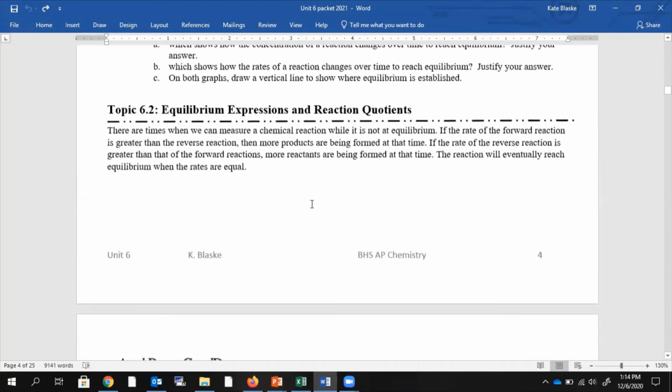A second way that we can represent equilibrium and determine whether something is at equilibrium or not is something called an equilibrium expression. Now I know that we've had kinetics on our brain for so long, we're going to throw all those rules out the window and start brand new when we're talking about equilibrium.